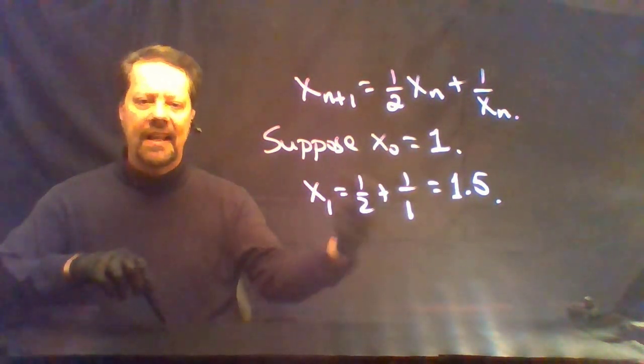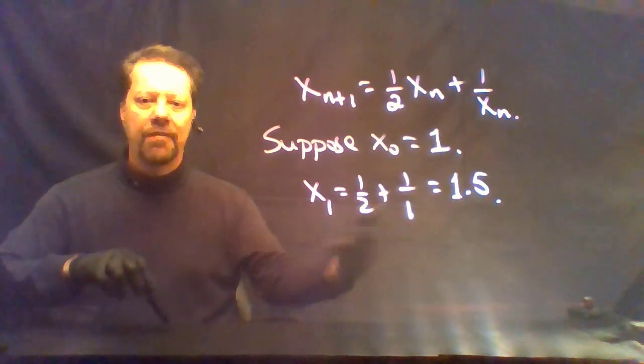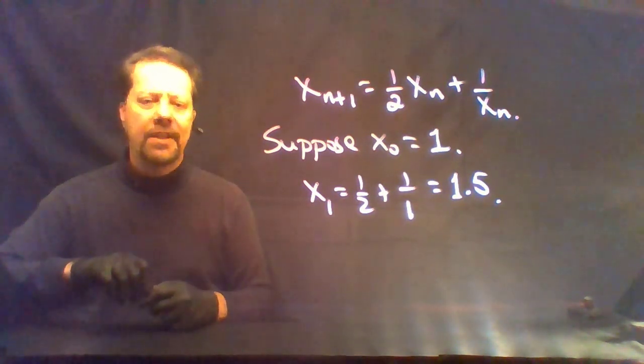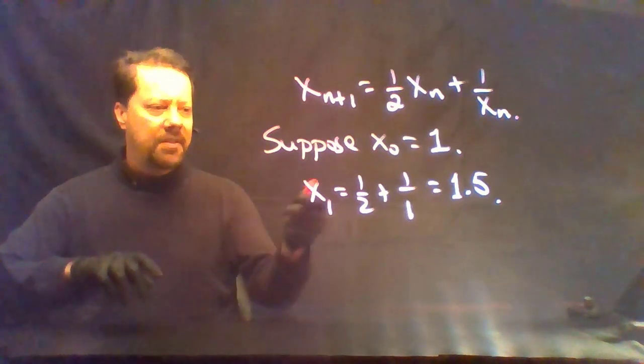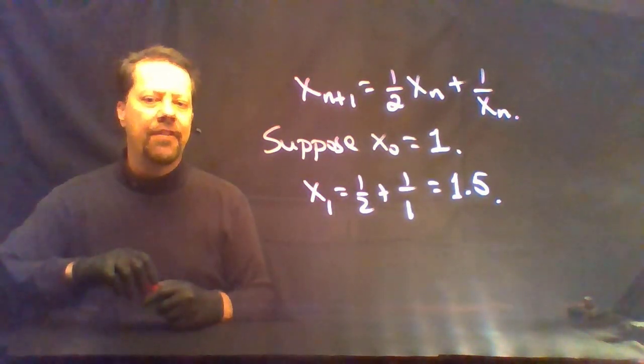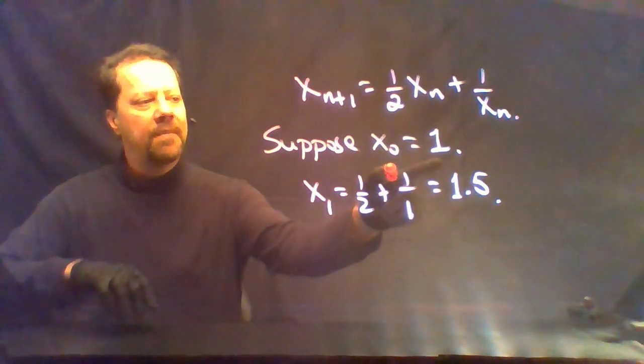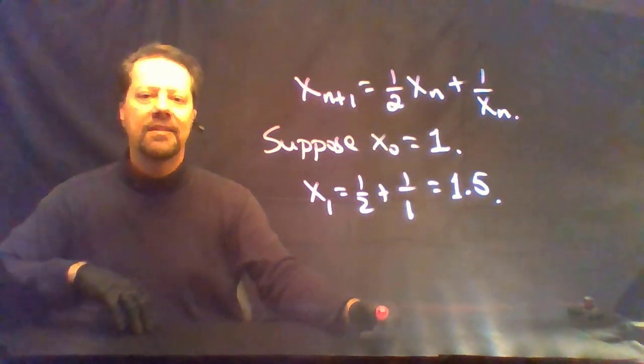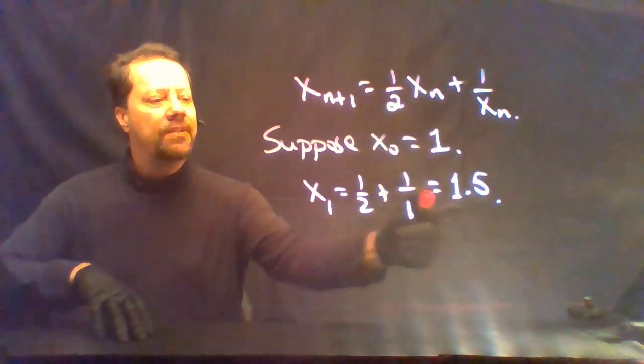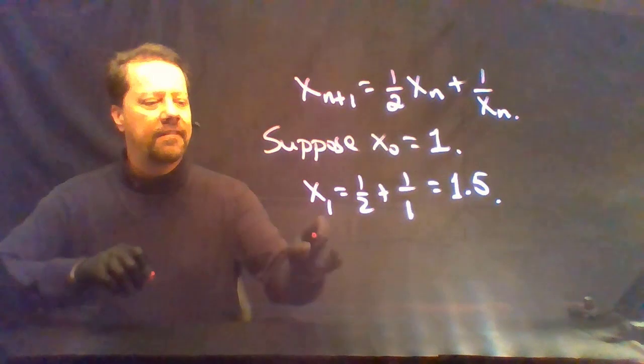Each time we apply a method that gets repeated over and over, we call that one iteration of the method. So far, after one iteration of Newton's method, we've gone from x equals 1 as a guess to the square root of 2 to 1.5.